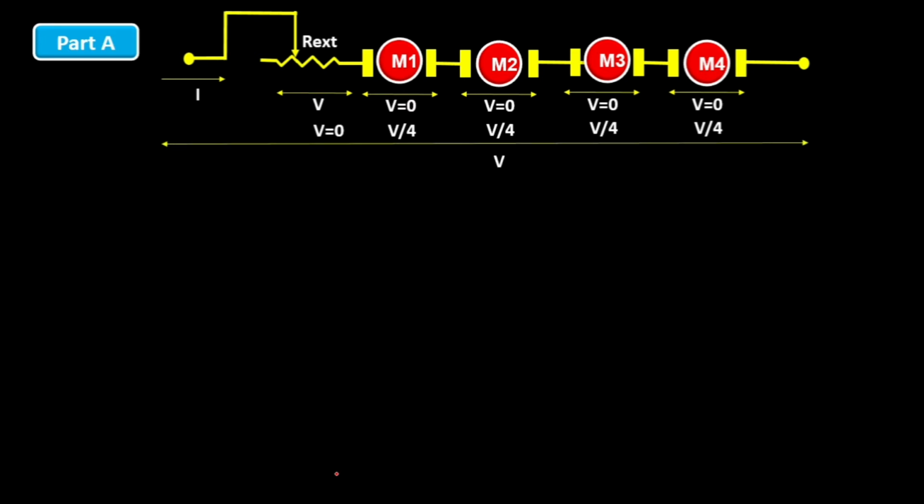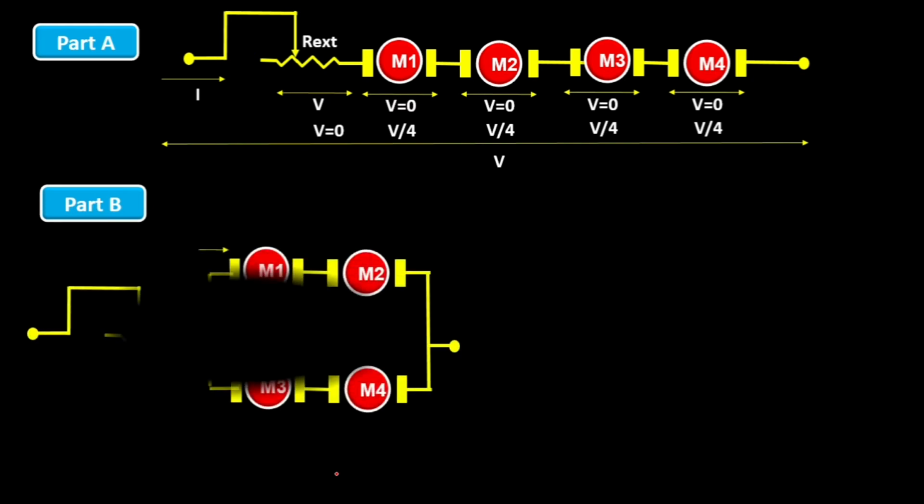It is V. Now taking part B, we have two motors in series connected in parallel with two motors in series. So here the current that has been taken is 2I because now it is getting divided into two branches.